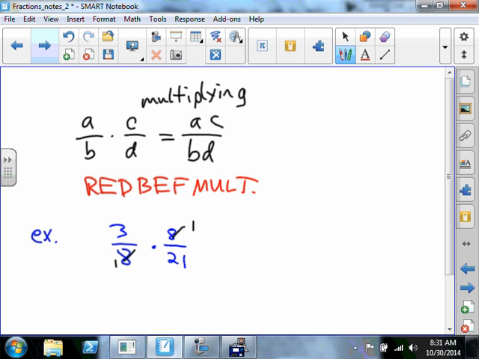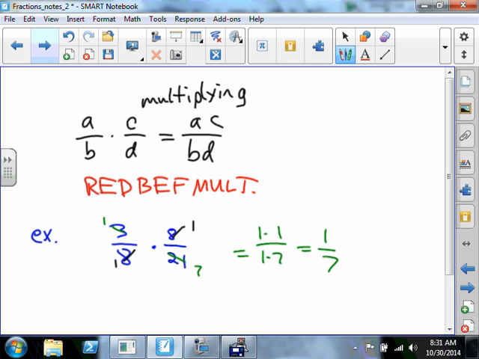We could cross-cancel the 3 into a 1 and the 21 into a 7, and our final answer then is 1 times 1 over 1 times 7. So it's 1 over 7. Well, that's easy, isn't it? Now imagine if you had multiplied 3 by 8 and got 24, and then 8 times 21 and got, I don't know, 168, and then you had to reduce that. Do you see why you should reduce before you multiply? It makes it a ton easier.